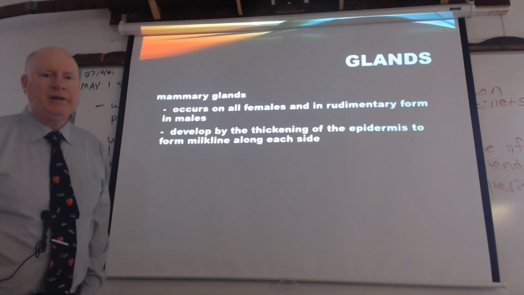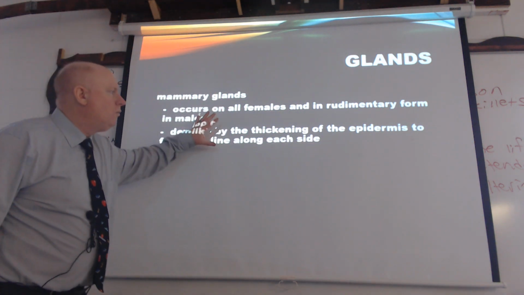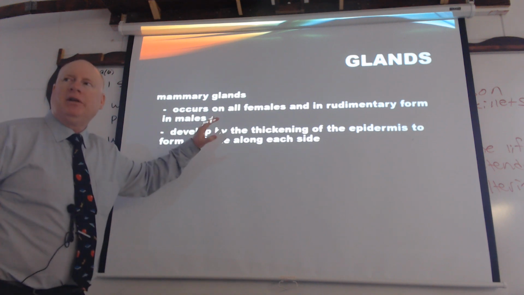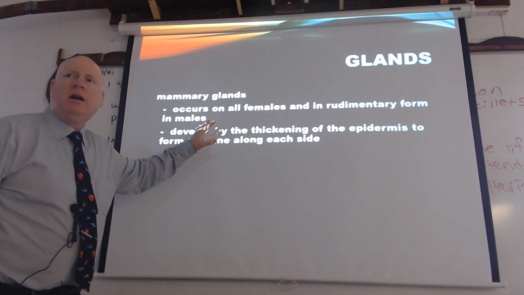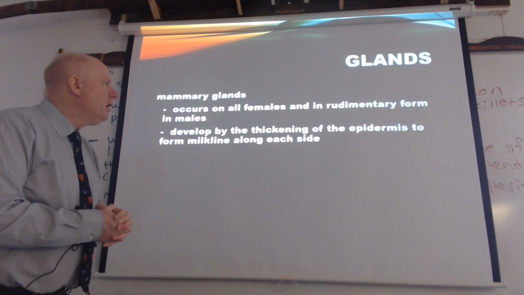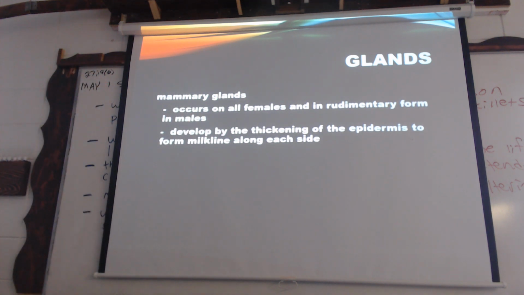So it would be fair to say, where do you find these types of glands, in males or females when it comes to cats? Females, of course. Okay, and these structures are found on male cats.